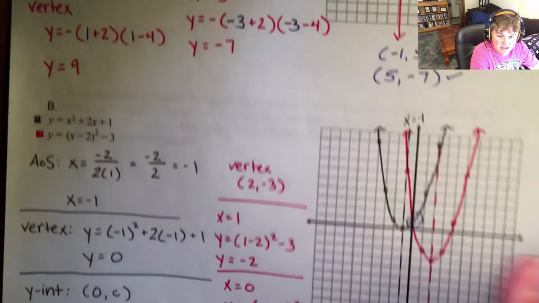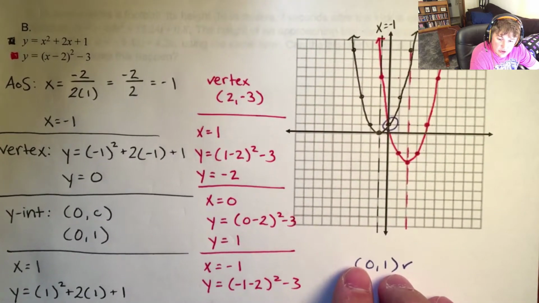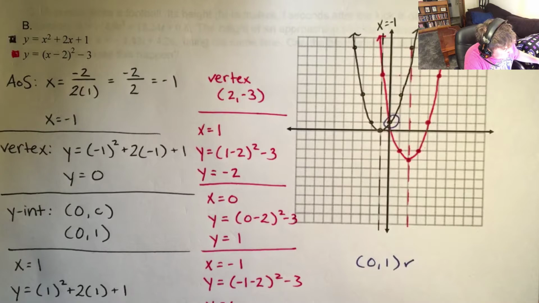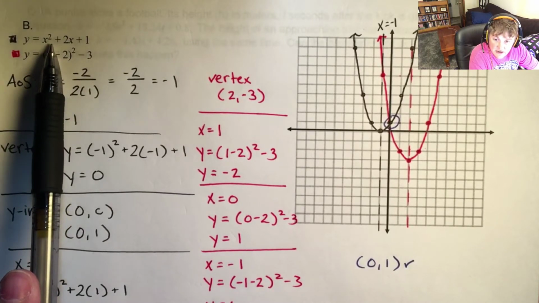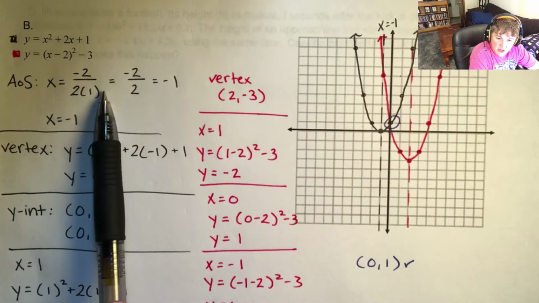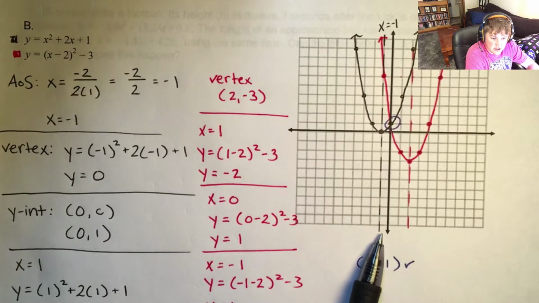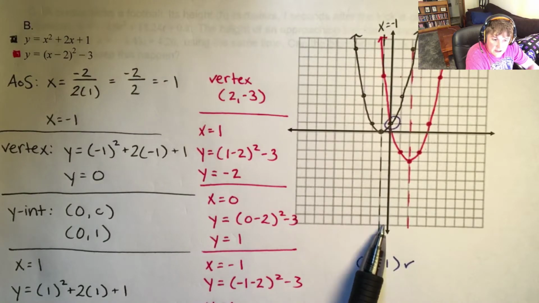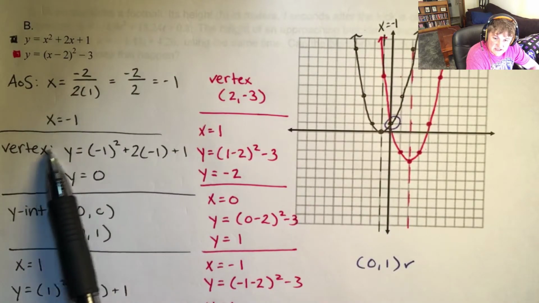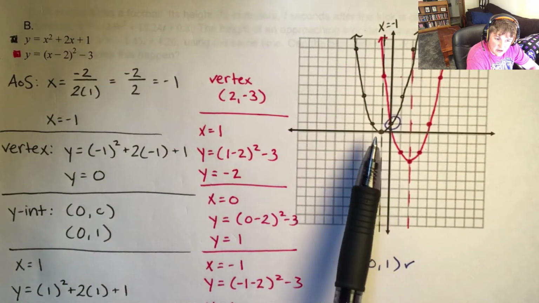Okay, next, for letter B, this one here was a little bit different. It was two curves. The first one in black I identified in standard form, so I need to start with the axis of symmetry. Opposite of b over 2a, which is -1. So I drew an axis of symmetry of x equals -1 here on the black dashed line. Next, I plugged in x equals -1 to find the vertex, which starts at 0.